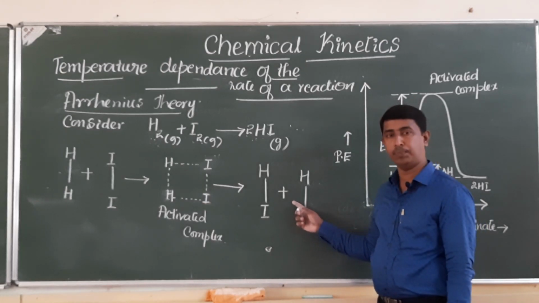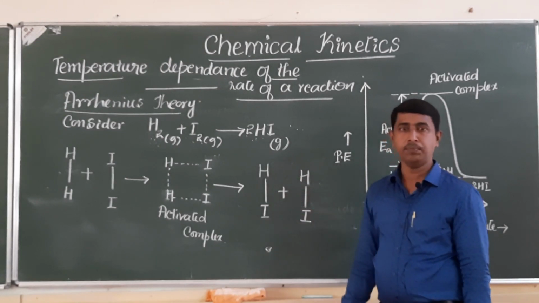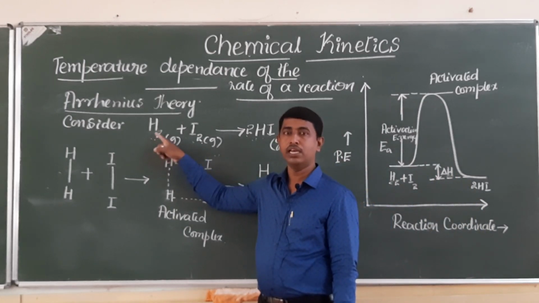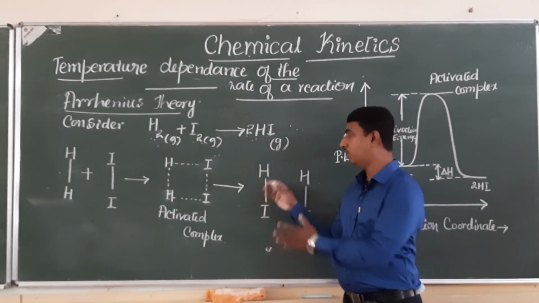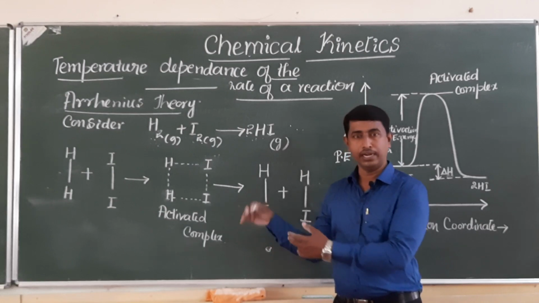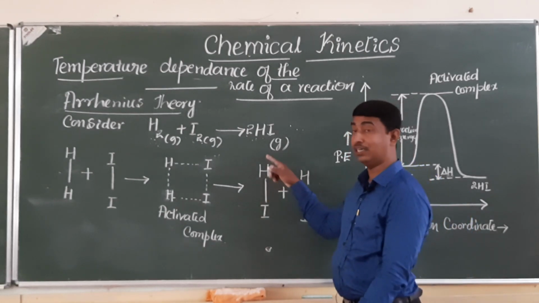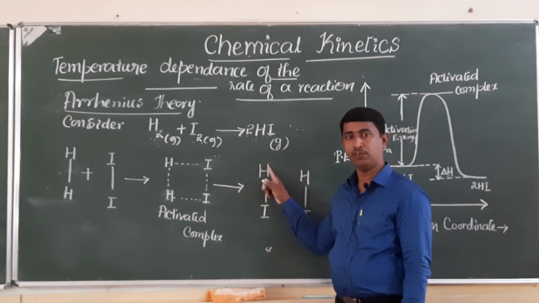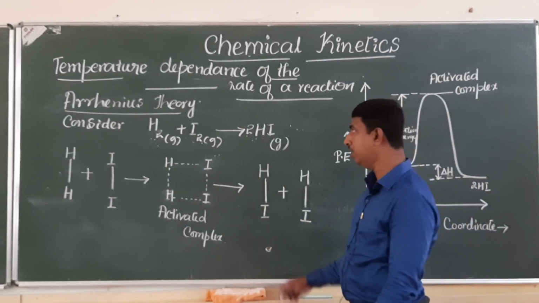So the final enthalpy or delta H value for the reaction depends upon the nature of the reactants and the nature of the products. When the activated complex undergoes decomposition, energy will be released. Delta H can be negative or delta H can be positive.